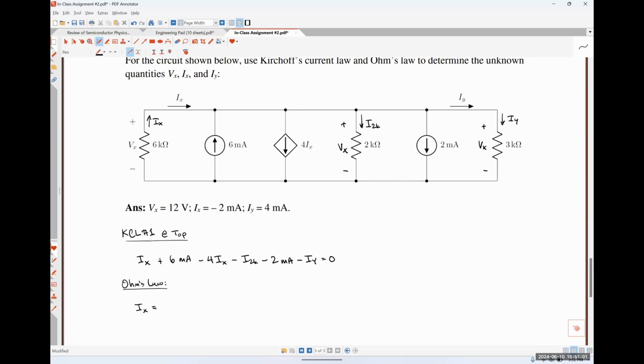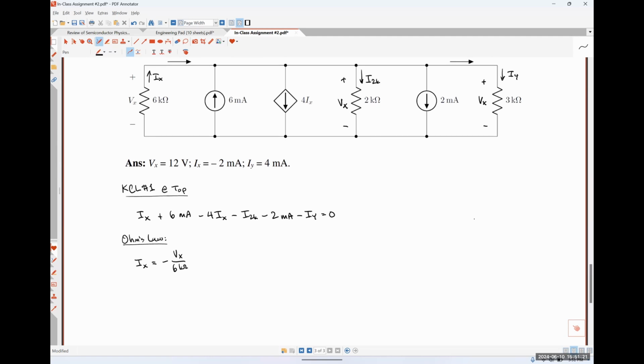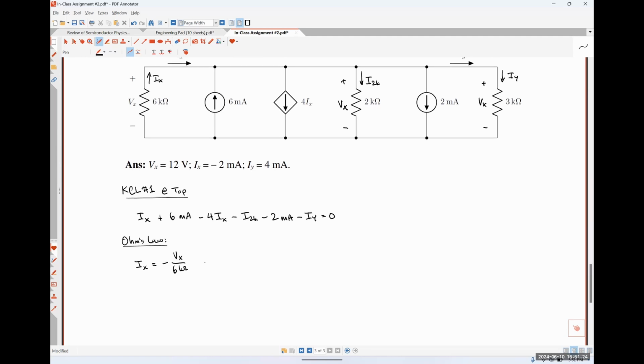Vx divided by 6 kilo ohm. So Vx over 6 kilo ohms, should that get a positive sign or a negative sign? Negative, because the current Ix is flowing into the negative polarity terminal. Absolutely right. Now let's work on I2K. How do I express the current flowing through the 2 kilo ohm resistor in terms of the voltage Vx?